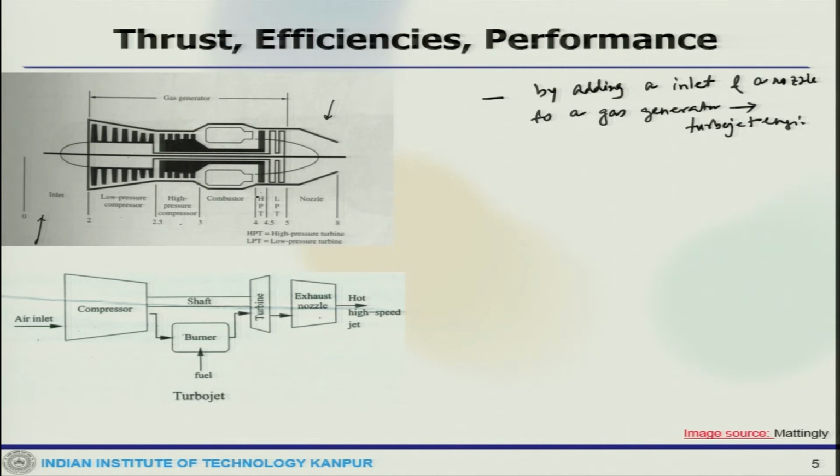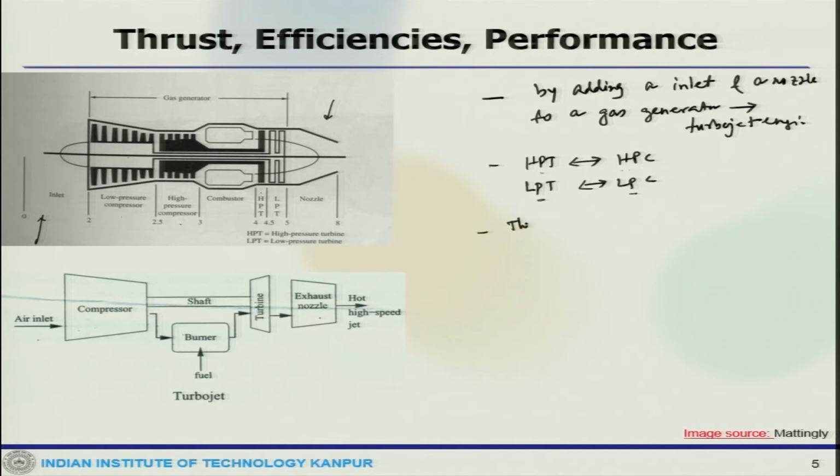One important thing is that the high pressure turbine is connected with the high pressure compressor, and the low pressure turbine is connected with the low pressure compressor. You can see from that picture which one is sitting on which shaft, because the power produced by the HPT partly goes to run the HPC, and the power produced by the LPT partly goes to run the LPC. These are very important and fundamental information for any gas turbine engine or jet engine.